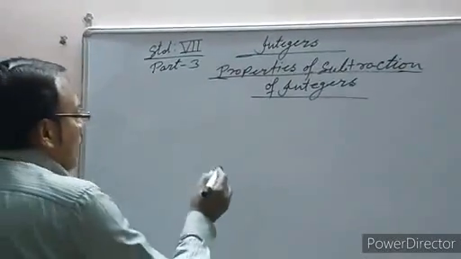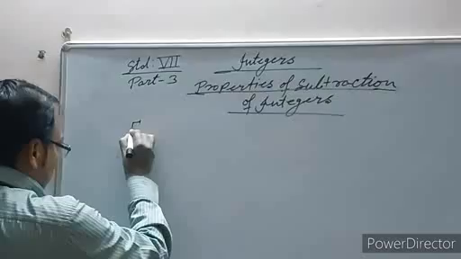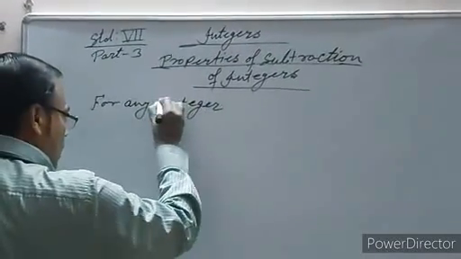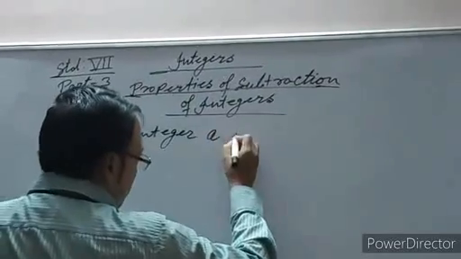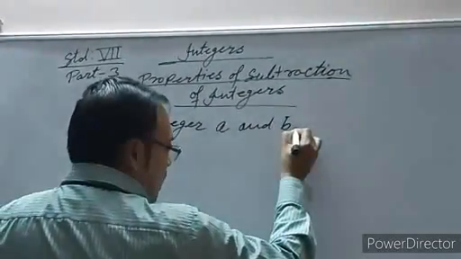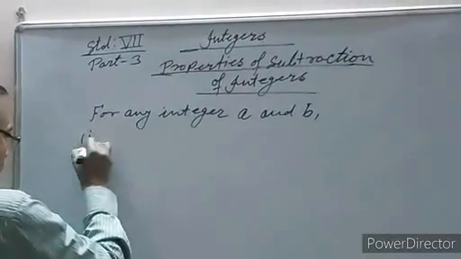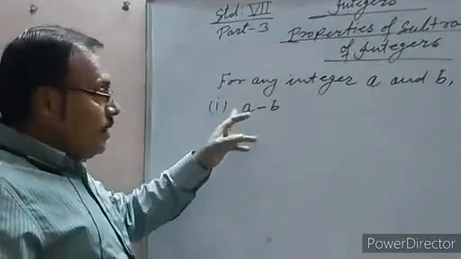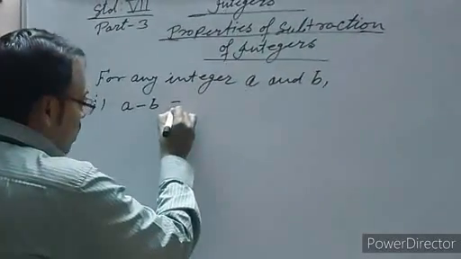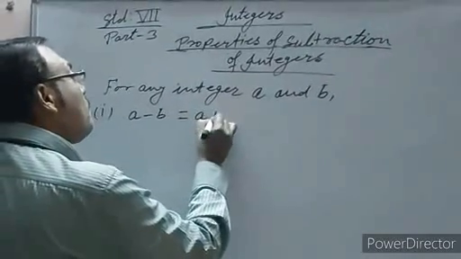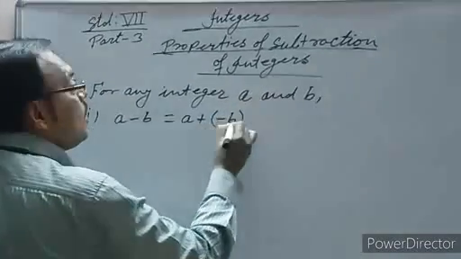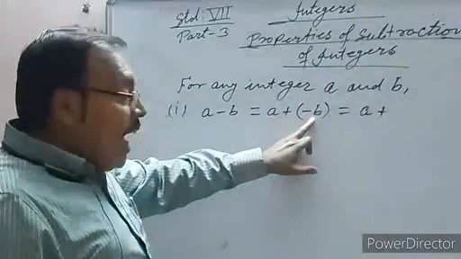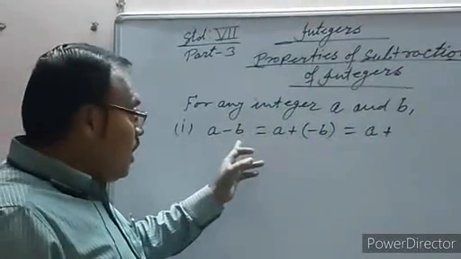Today we are going to learn properties of subtraction of integers. So, for any integers A and B, first is A minus B. If we subtract B from A, that is A minus B, we can write A plus minus B. Now minus B is the additive inverse of B, as we have learnt in the earlier class.